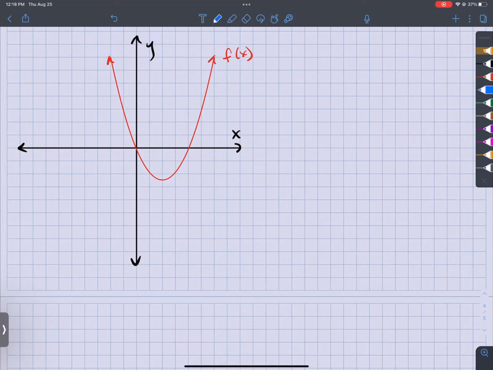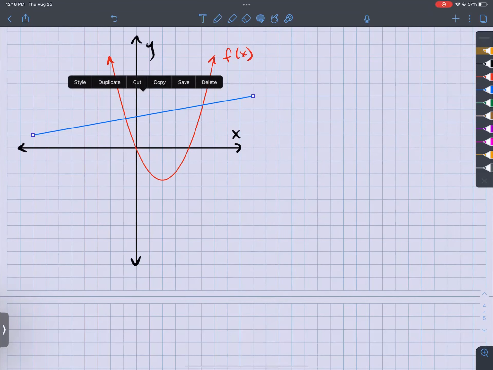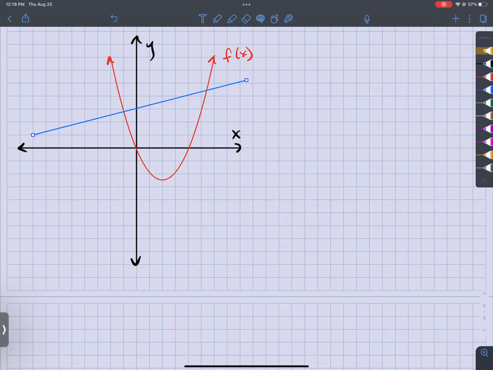And I'll call this g of x. Can you guys please find f plus g of 4?